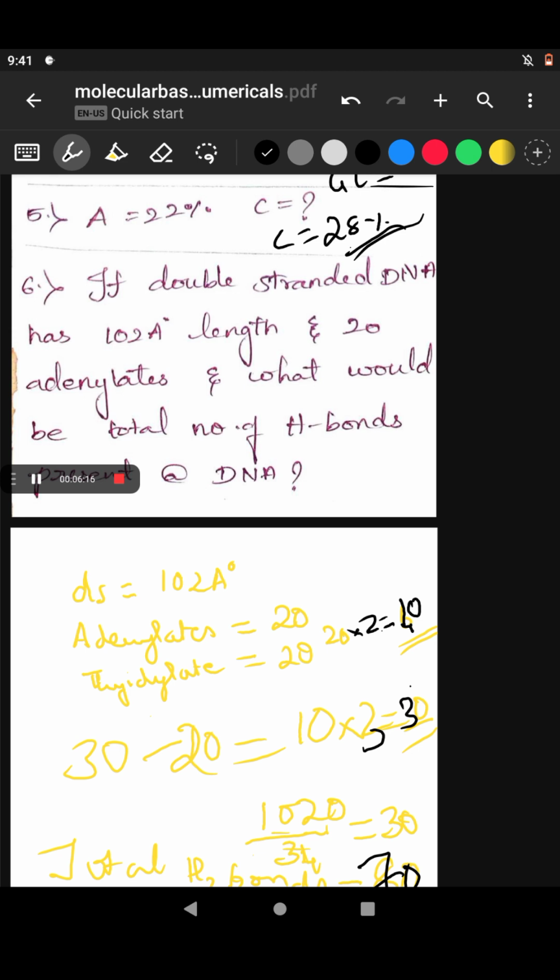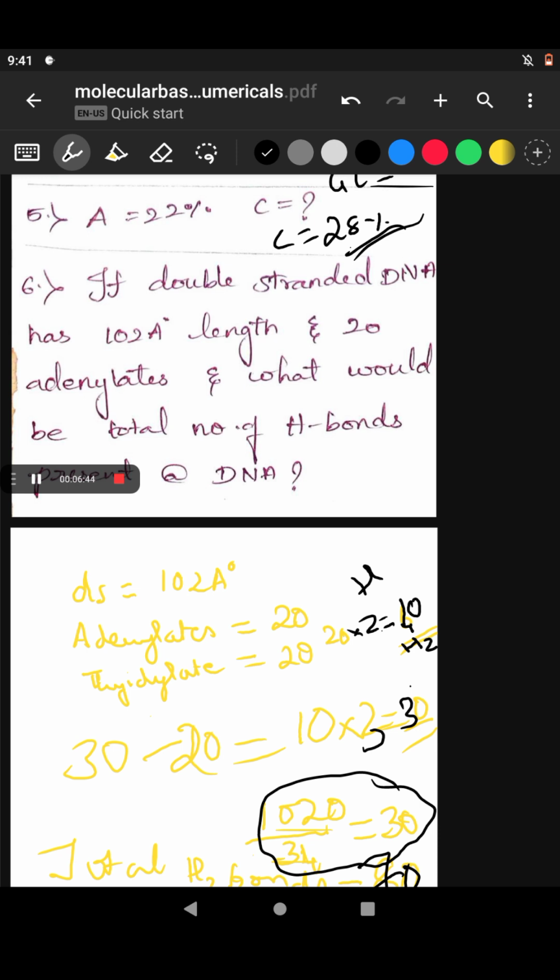So you can see that we have calculated that. Now adenylates are 20. They would be having double bond, isn't it? Adenylates with thymine, so it is going to be 20 into 2, which is 40 hydrogen bonds for adenine and thymine.